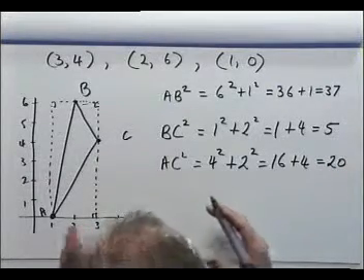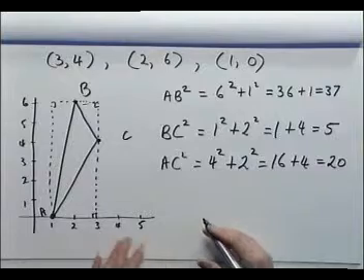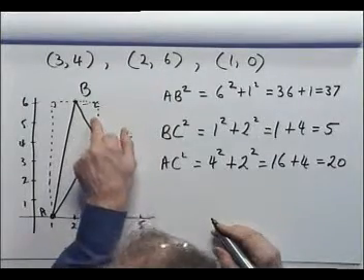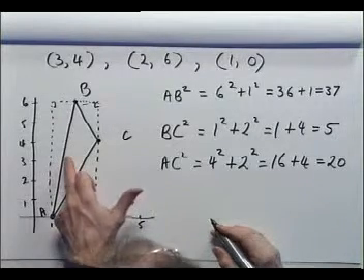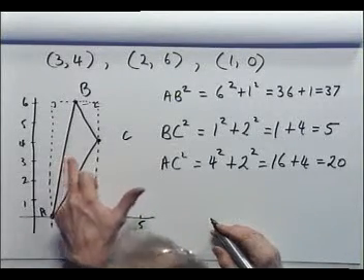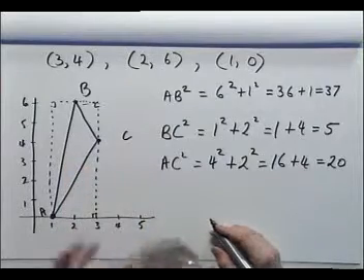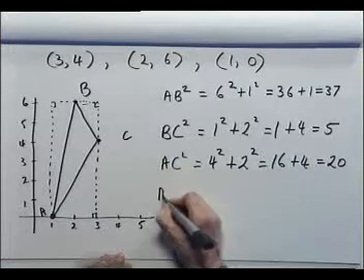Now, if this is a right-angled triangle, if I take the squares of the lengths of the two shorter sides, that's AC and BC, add the squares of those lengths together, I should get the square of the length of the third side, if it's right-angled. And if I don't, then it's not right-angled. So let's do that.